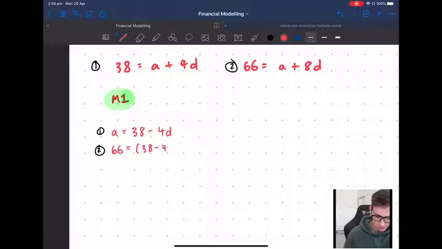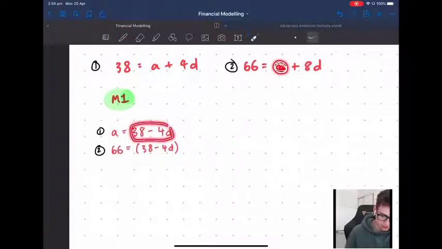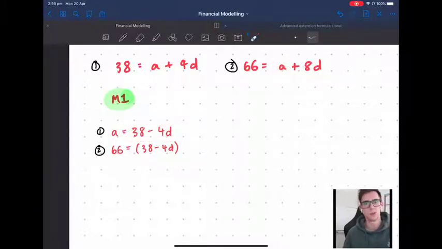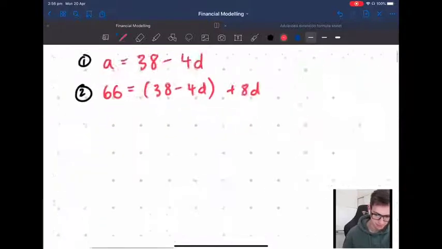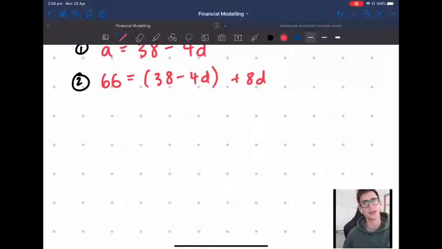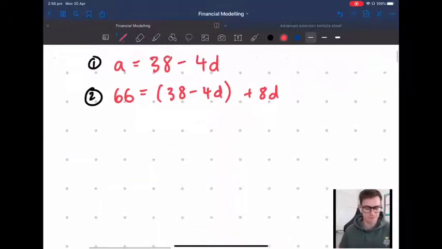So 38 minus 4D. So that's instead of A, I've written what A is, what it's equal to, plus 8D. Now the brackets here aren't actually doing anything. It's just good practice when you substitute to do brackets on the first step, because there could be a multiple, a divide, there could be negatives, stuff like that.